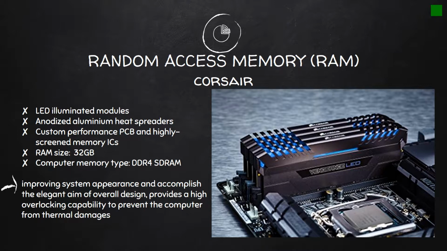It includes an LED illuminated module that improves the system appearance and accomplishes the elegant aim of the overall design. Moreover, the anodized heat spreader also provides high overclocking capability and prevents the computer from thermal damage.